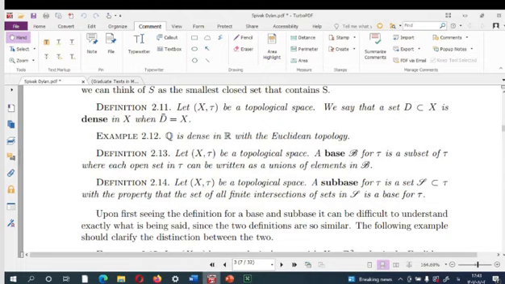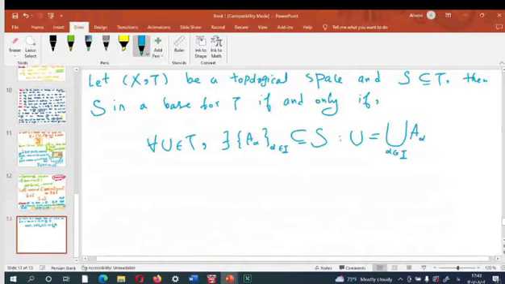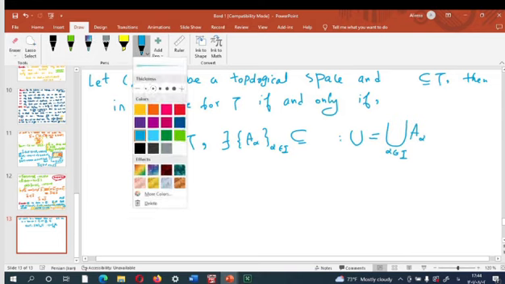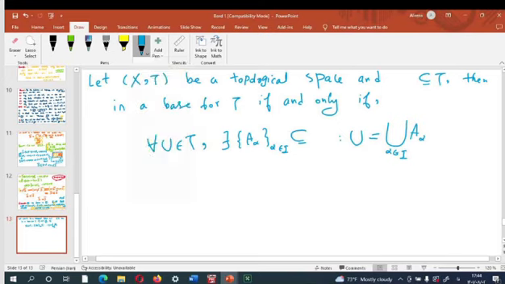In the book this is written with the letter B, or any letter, it is not important, but I like to use a symbol similar to the book.